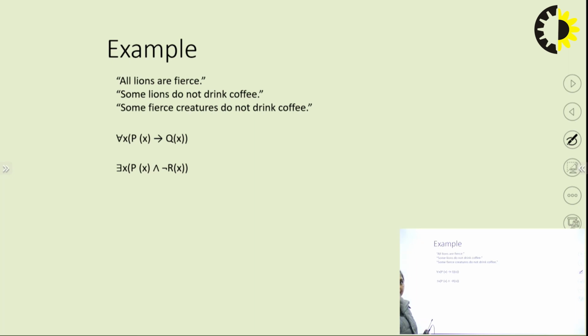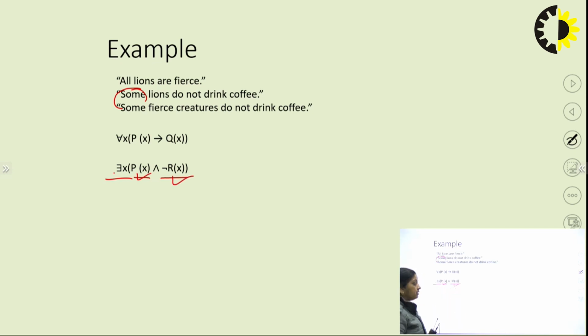So there exists one value of x for which x is a lion and x does not drink coffee. When I say some, it may be many, but at least one is there. So there exists x such that it is a lion and does not drink coffee.